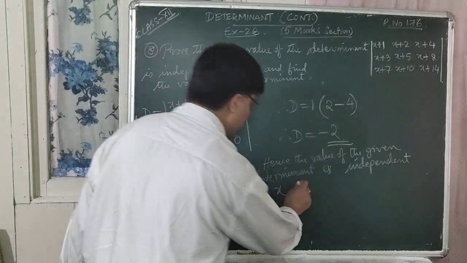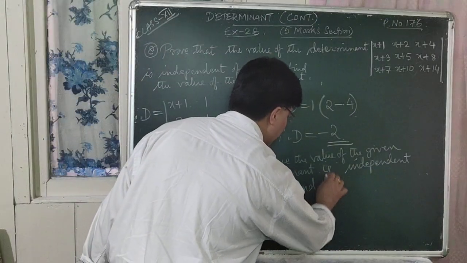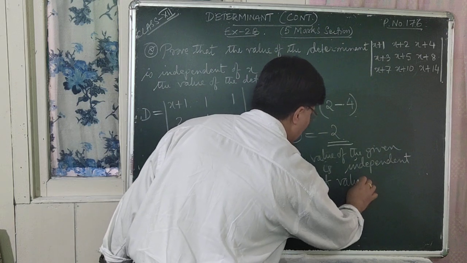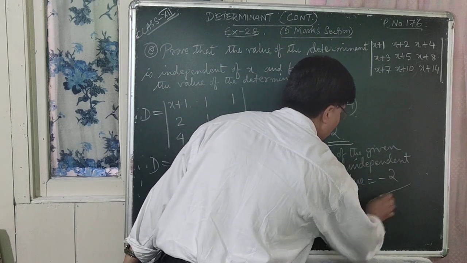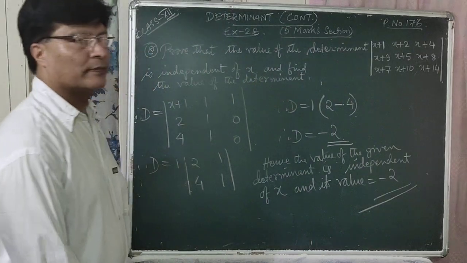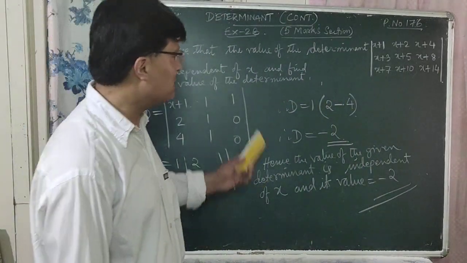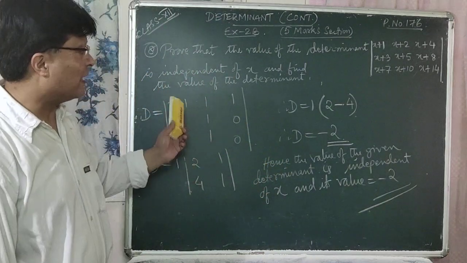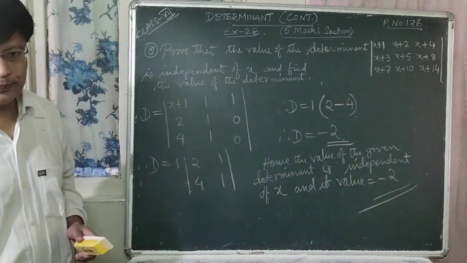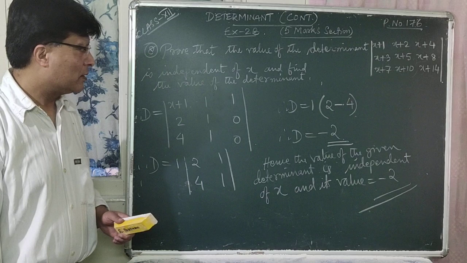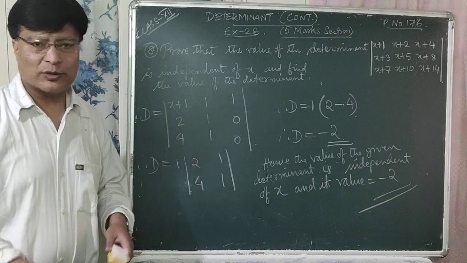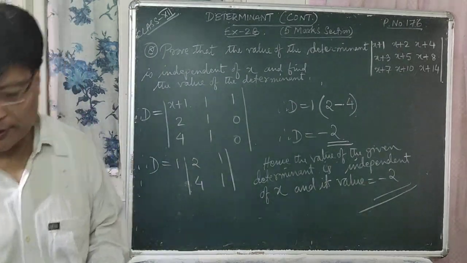And what is its value? And its value is equal to -2. So we have proved that the value of the given determinant is independent of x and its value is equal to -2. Okay? So this is the answer for question number 8. Now we'll do the next question now.